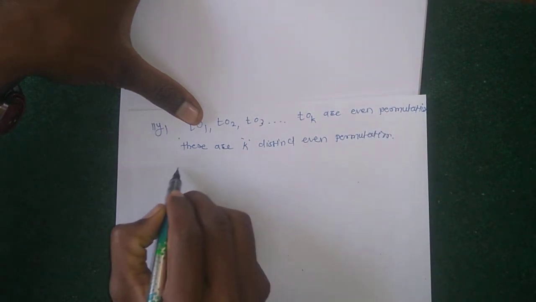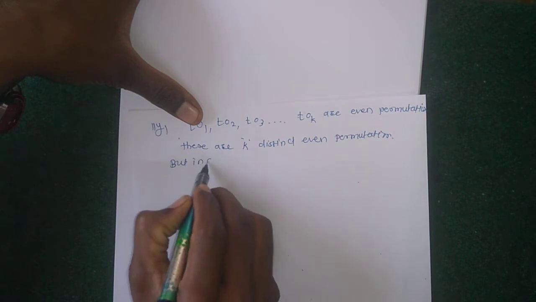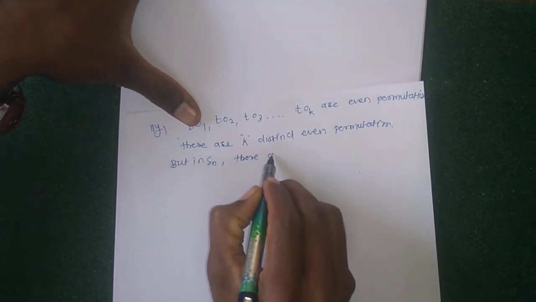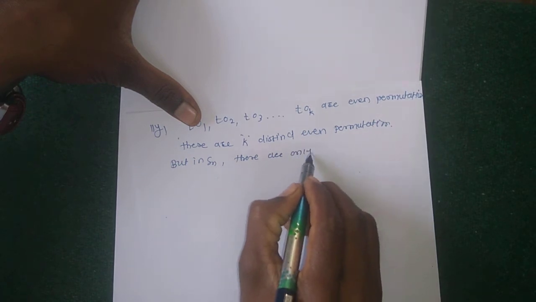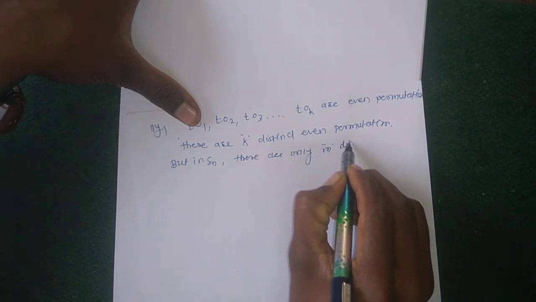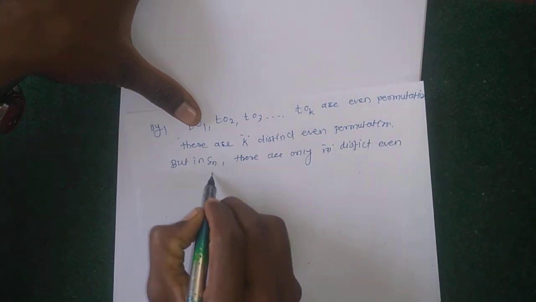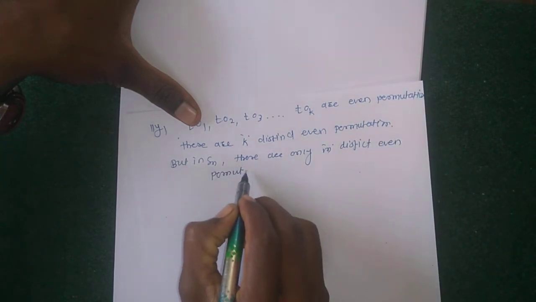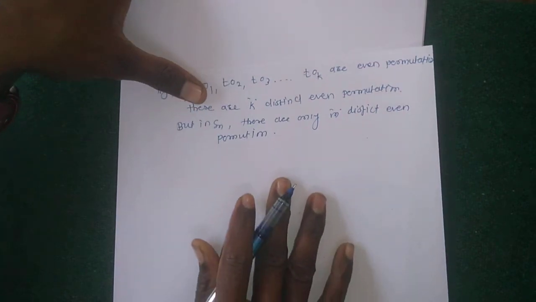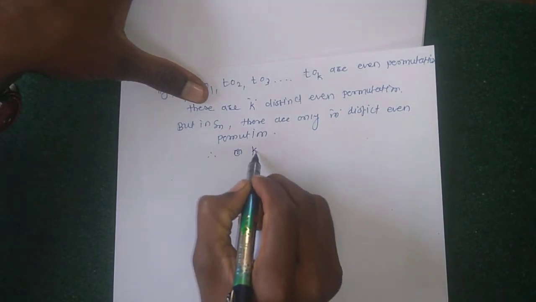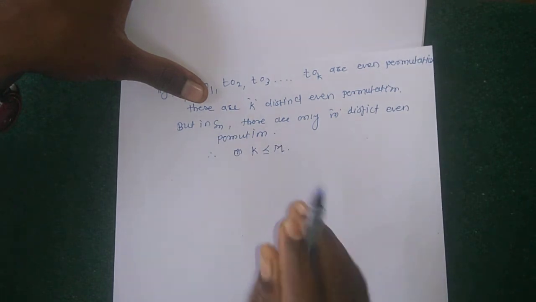But in SN there are only m distinct even permutations, and therefore this k must be less than or equal to m.